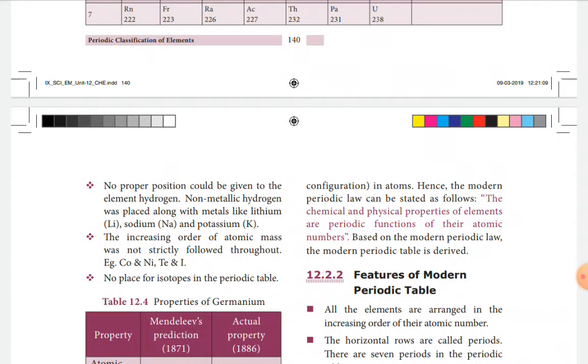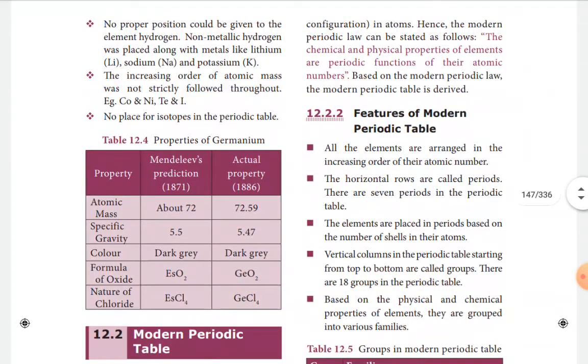Actually, nickel should come before cobalt. Similarly, iodine should come before tellurium. So the law was not strictly followed, and there was no place for isotopic elements. These are some of the demerits, the limitations of the Mendeleev periodic table.